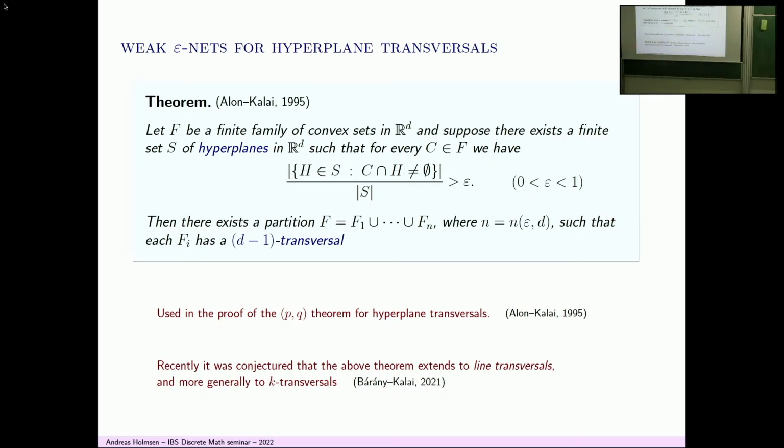Right? Then I can partition my family into n parts, depending only on epsilon and d, such that each part has a hyperplane transversal.